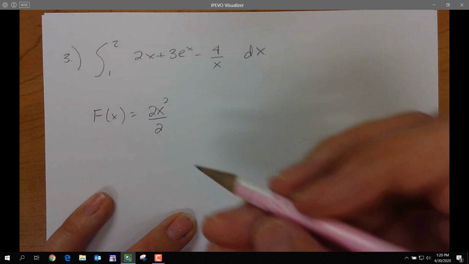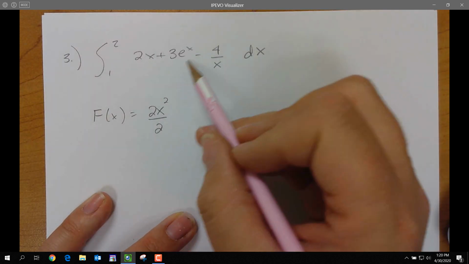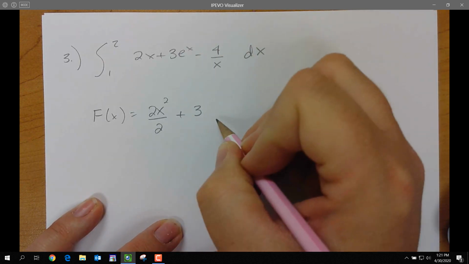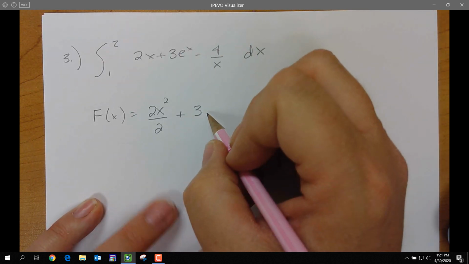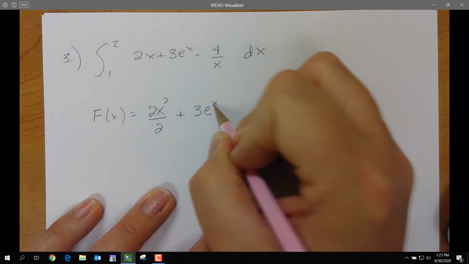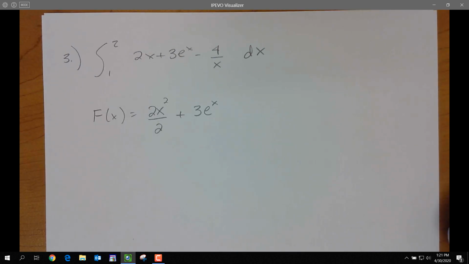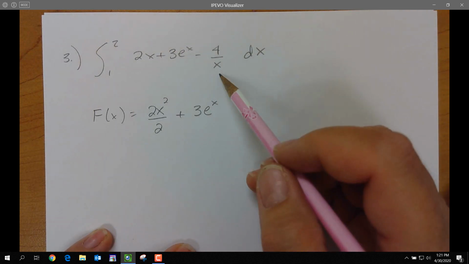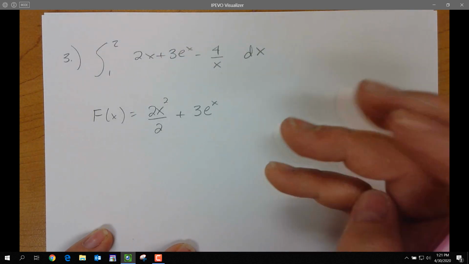Okay, then what are we going to do? We're going to look at that 3e to the x. So positive, this constant stays there, and the derivative of e to the x is e to the x. So this one stays 3e to the x. If it would have had something up with that x, it would have made it a lot uglier for us. Okay, then what are we going to do for the antiderivative of 4 over x?